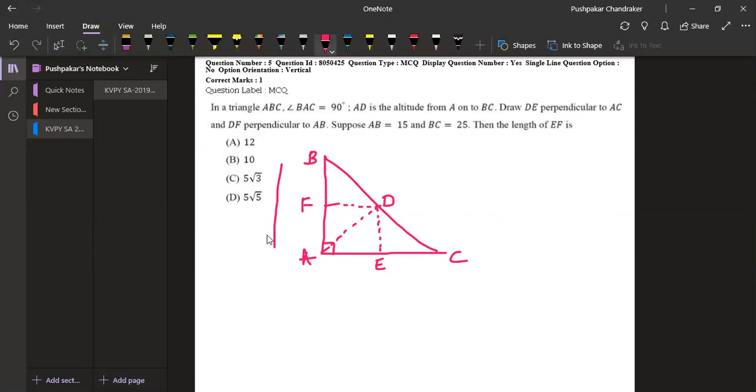So this length is given as 15, and this length is 25.